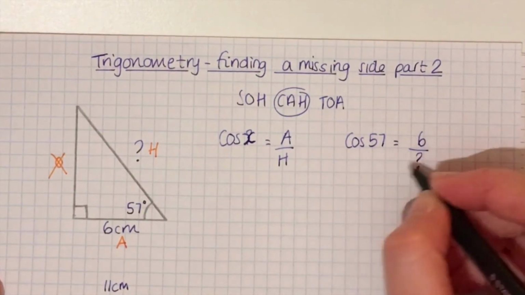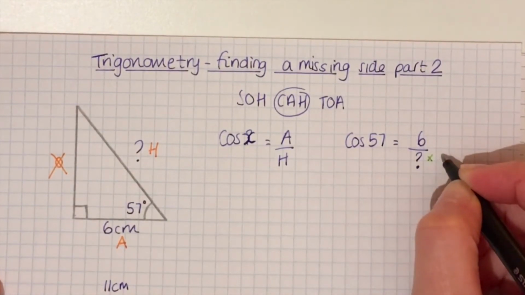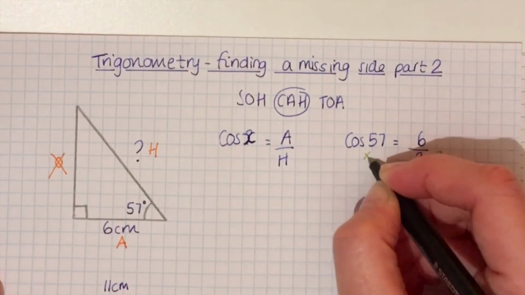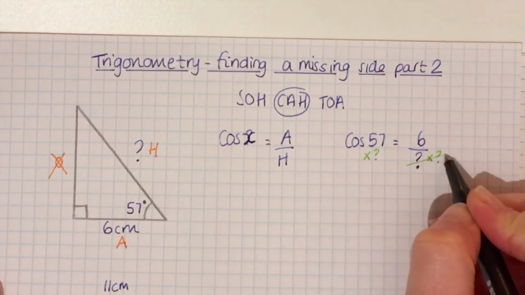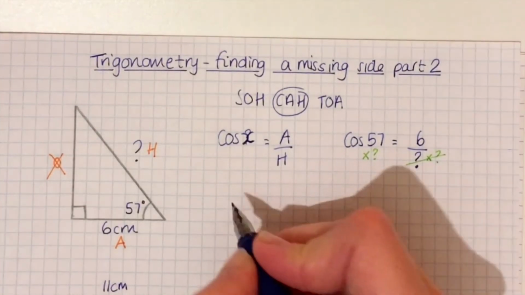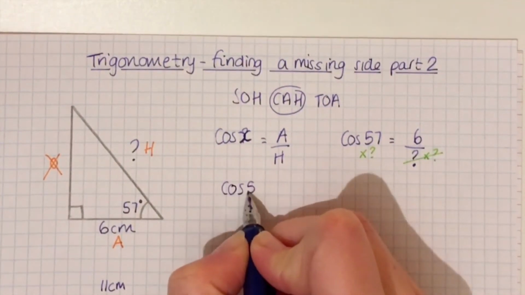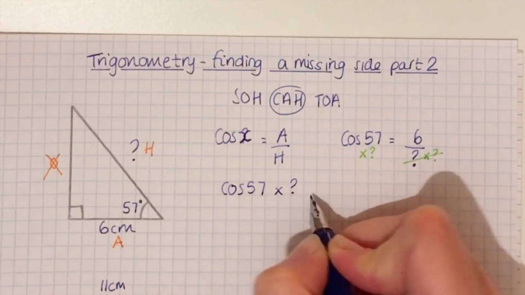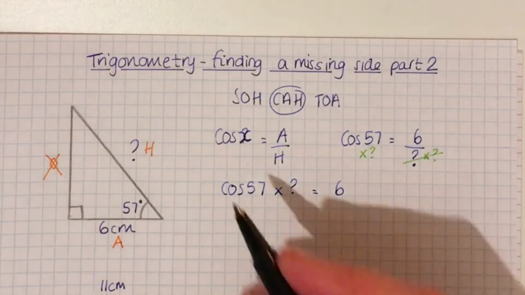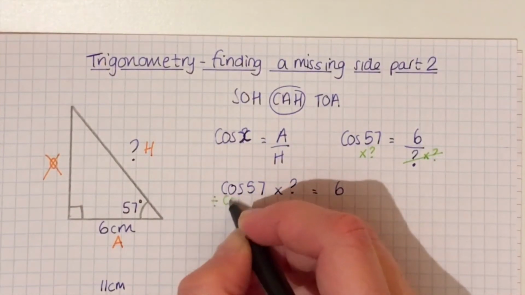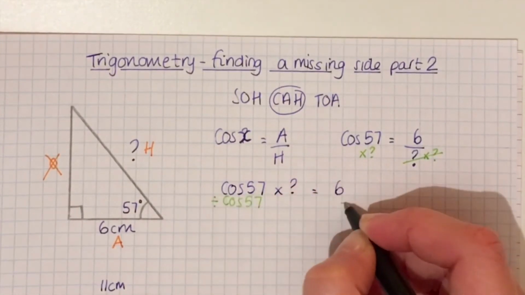The first step was to multiply each side by the question mark, so that it gets rid of it from being a denominator. So what I've got is cos 57 multiplied by the question mark equals 6. Now to get the question mark on its own, I divide each side by cos 57.